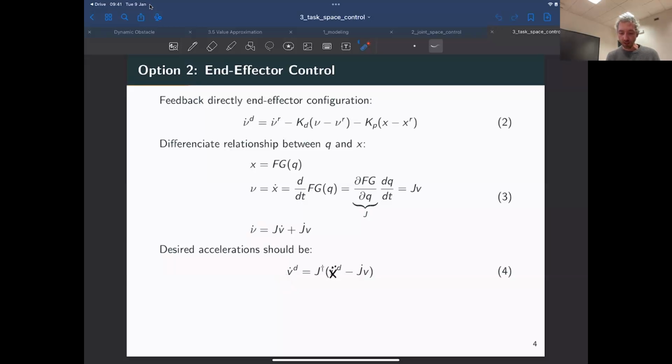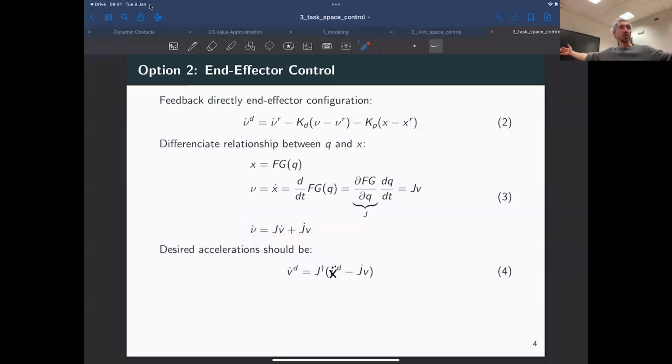Since this is a linear system of equations which is not square, it may allow for either infinitely many solutions or no solutions at all, depending on the size of the matrix J and its rank. In general, what happens in this context is that we have infinitely many solutions because J is a fat matrix.